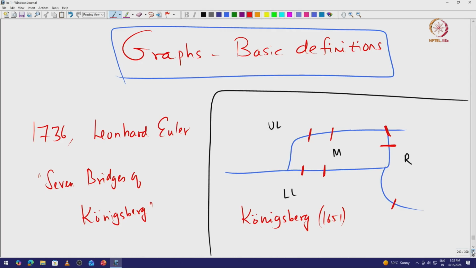All of them are land, and these blue lines, like I said, are the river that passes there, and these red lines denote the bridges that we are interested in. But as far as crossing the bridges is concerned, the walk that we are going to do in the city is not going to be counted.